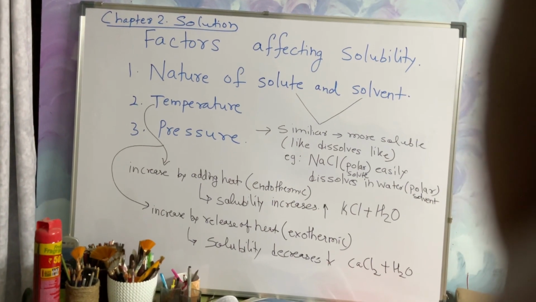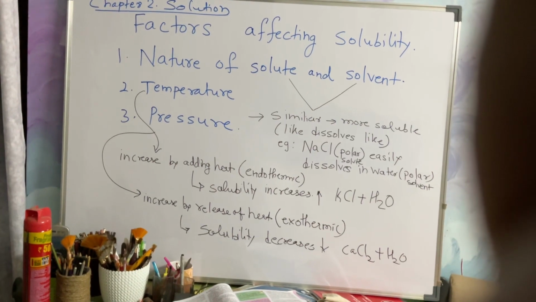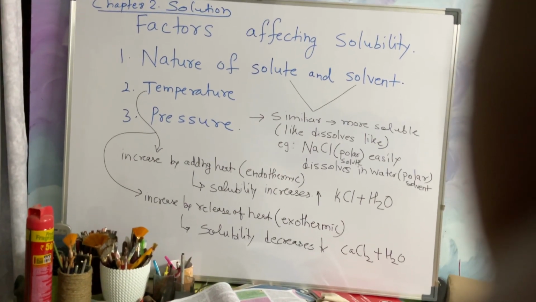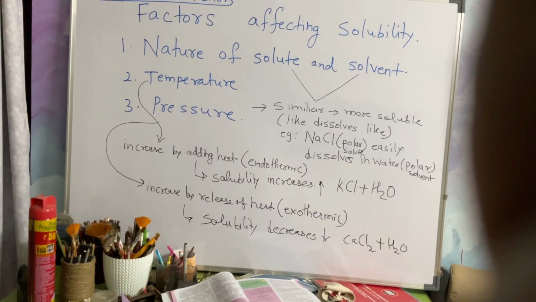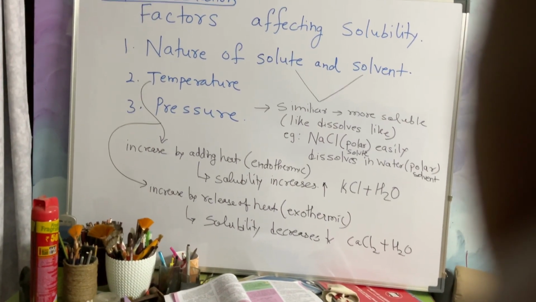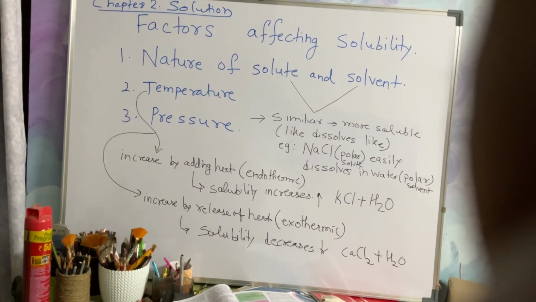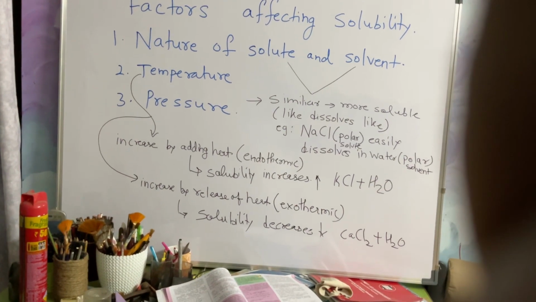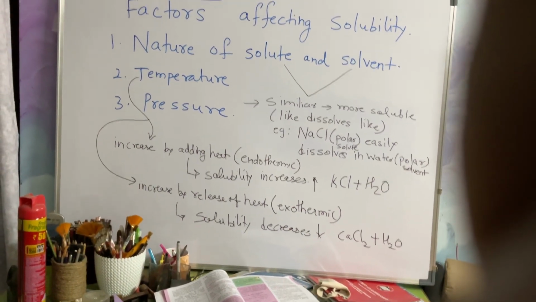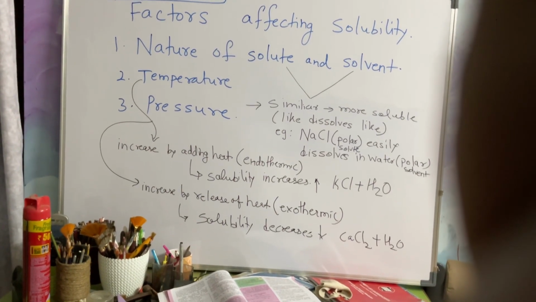good or not. For example, we said that if both the solute and solvent are similar, then from the rule that like would dissolve in like, that is, a similar nature solute would dissolve easily in a similar nature solvent, a polar solute would dissolve easily in a polar solvent, or a non-polar solute would dissolve easily in a non-polar solvent.